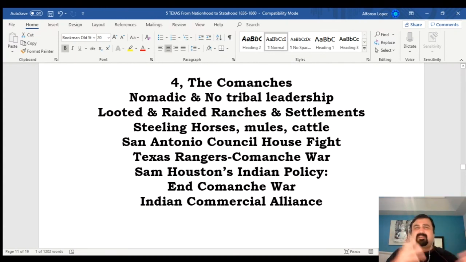Let's negotiate, because we'll both benefit from a relationship, trade, etc. They'll continue to raid the cattle ranches and the settlements, constantly stealing horses. They will steal mules and cattle, for example.